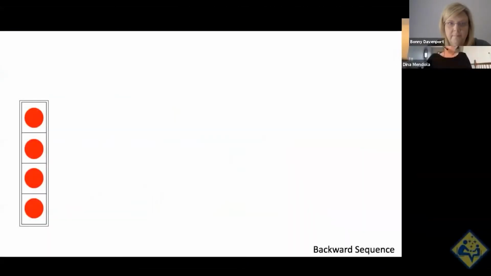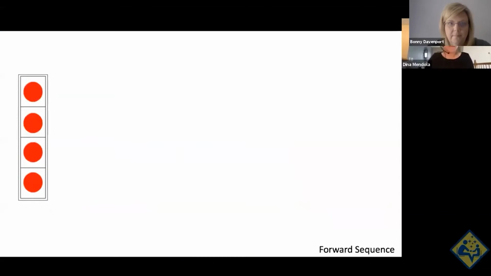Awesome. You got it. Okay, so now this time we're going to go forward again, but I'm going to flip them. So you see the 4 that we have there? What if I added a strip? If you added a strip, you would have 8. Okay. What if I added another strip? If you added another strip, you would have 12.